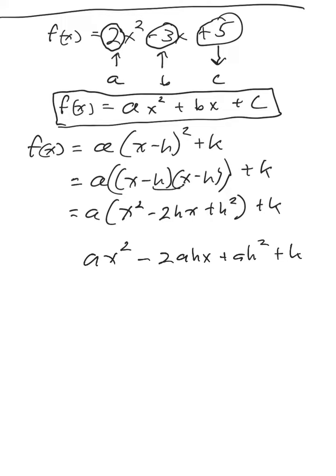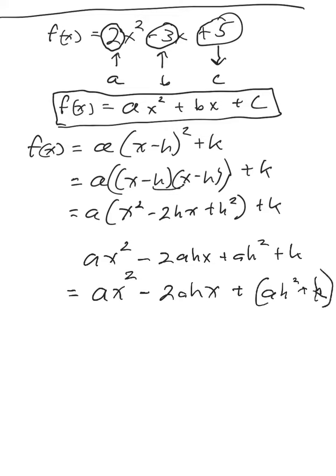Actually, there's only one x term, so I'll rewrite it in a way that hopefully makes a little more sense. We've got ax squared minus 2ahx plus, in parentheses, ah squared plus k.